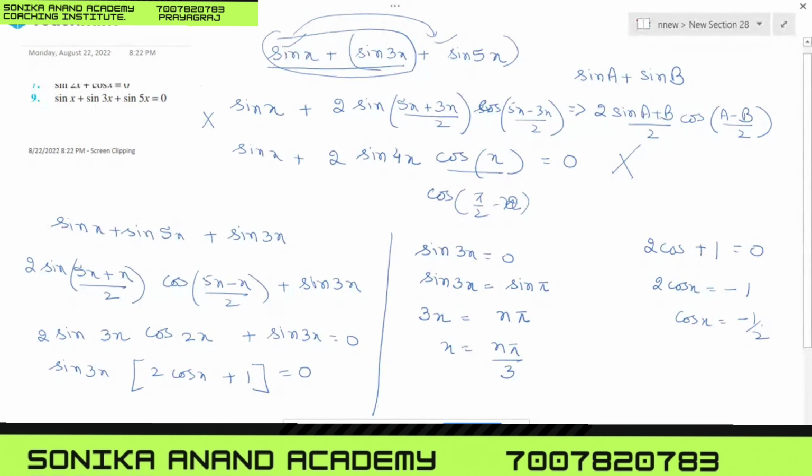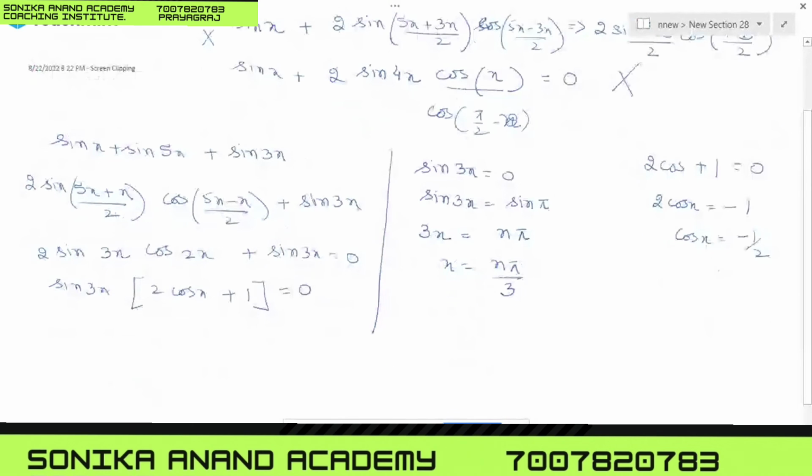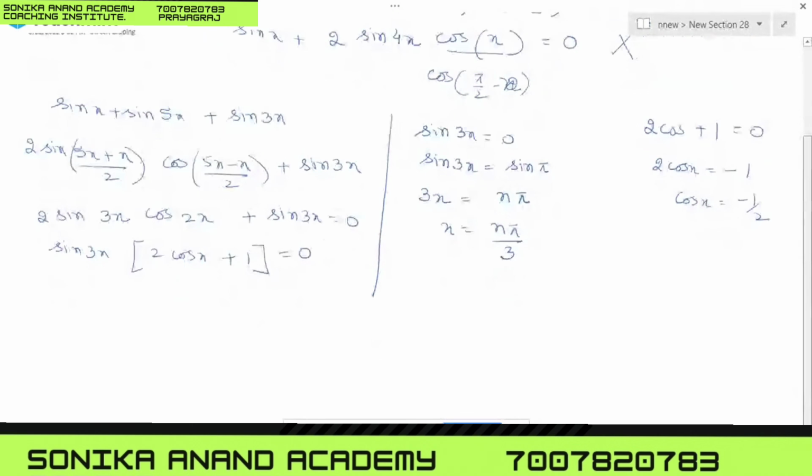I'm leaving you to find the values of minus; in a lot of questions I tell you. Listen, generally the main value is cos x equal to 1 by 2.